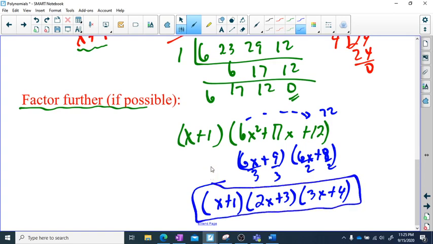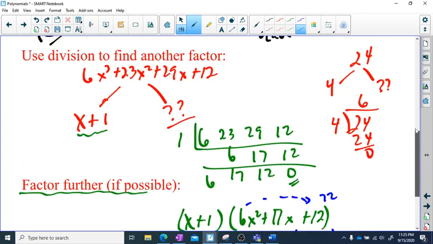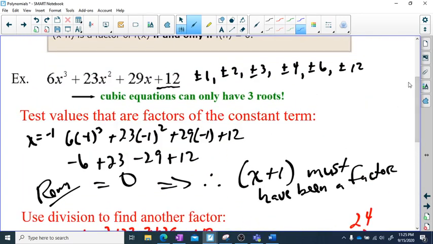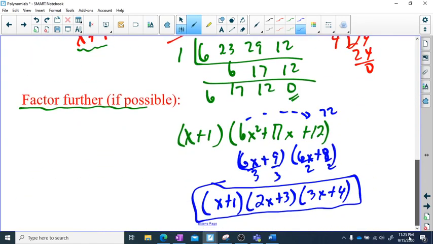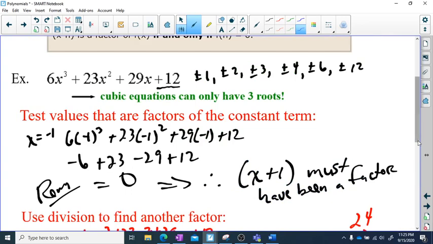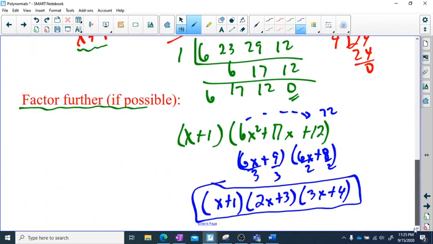Now, the original question here is what we would call an expression. Notice it doesn't equal anything. What happens is students will treat it like it's an equation, and they'll get down here, whoops, and they'll try and tell me what x is equal to. All it asked for here are the factors.